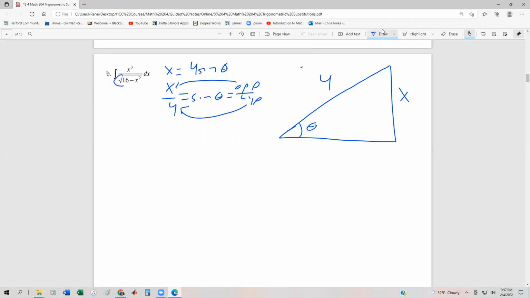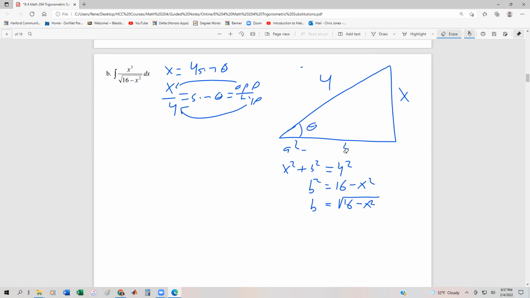But remember, it should work out to be what it is that we're trying to rationalize or eliminate the radical for. Remember, a squared plus b squared equals c squared, where c is the hypotenuse, so 4 squared equals x squared plus b squared. This is going to render b squared equals 16 minus x squared, and then we can say that b is the square root of 16 minus x squared, which we already kind of predicted because that was what we're trying to eliminate from this integral.